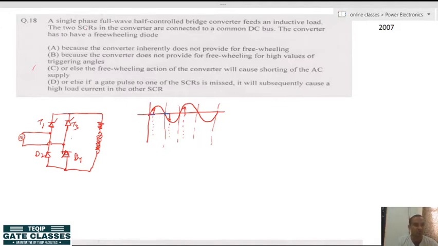So this semi converter bridge inherently has the freewheeling function. If we see in that light, then a freewheeling diode is not at all required.